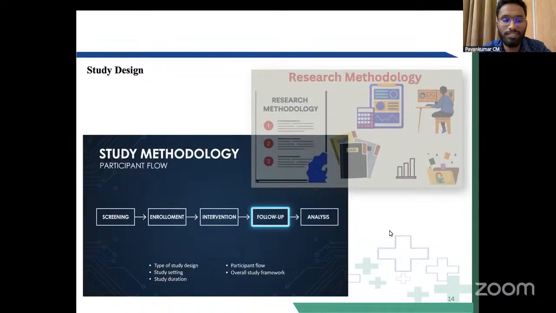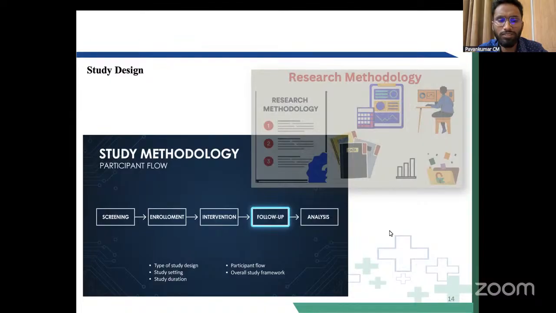The study design describes the overall structure of how the research will be conducted. It is one of the most critical sections. And also the protocol, because it determines the validity and reliability of the result.